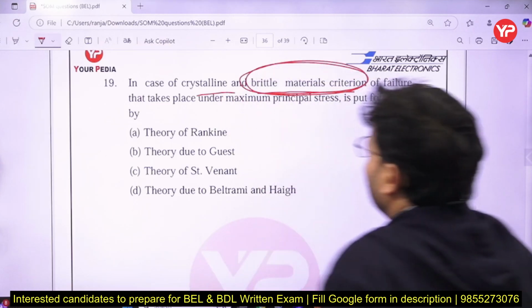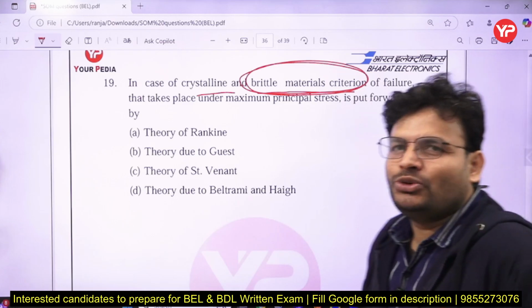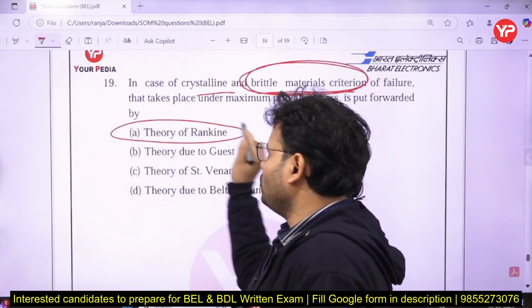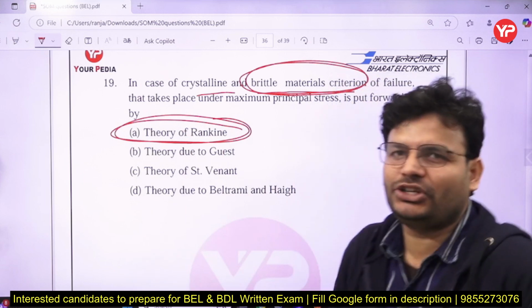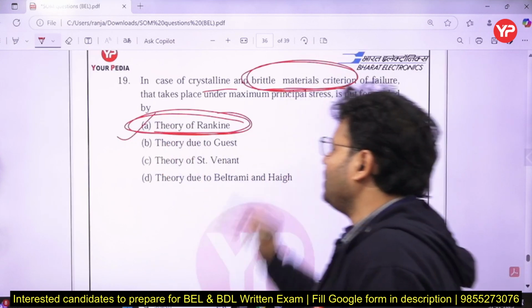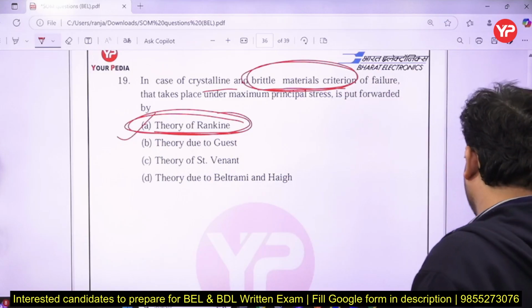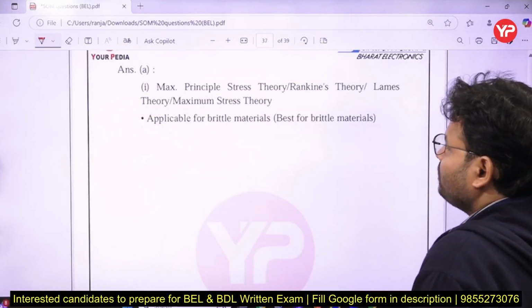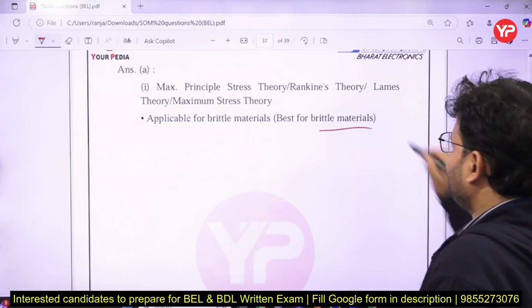Brittle material is there for failure. So for brittle material, which theory will you mostly prefer? Rankine theory. That is basically a question from the theory of failure. So the correct answer is A, Rankine theory. It is best for brittle material.